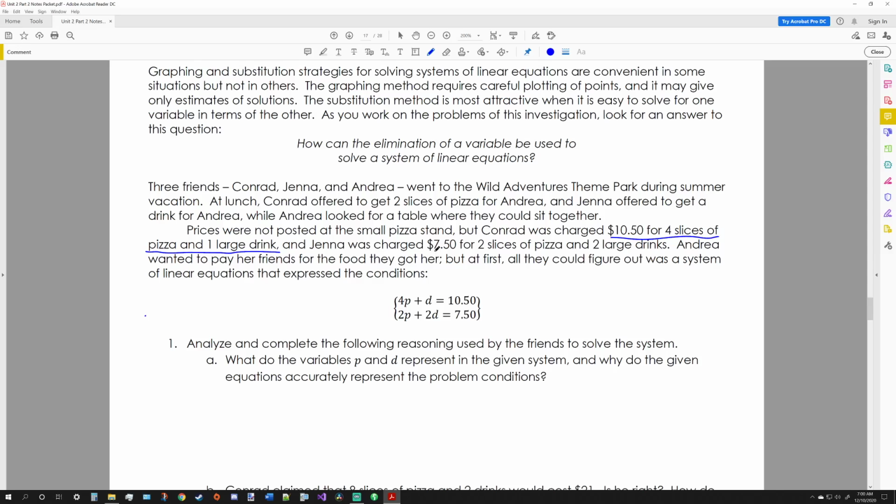And the other is charged $7.50 for 2 slices of pizza and 2 large drinks. And so what we end up with is this system of equations, right? So 4p plus d equals 1050, and 2p plus 2d equals 750. That's what we get from this situation.